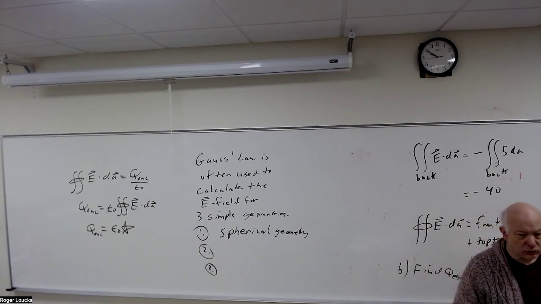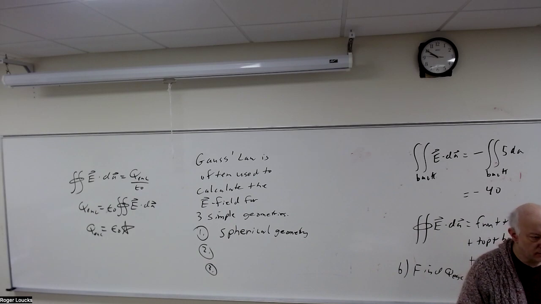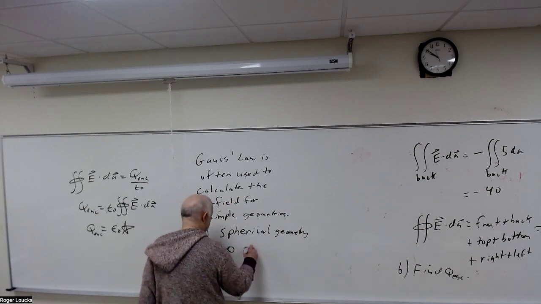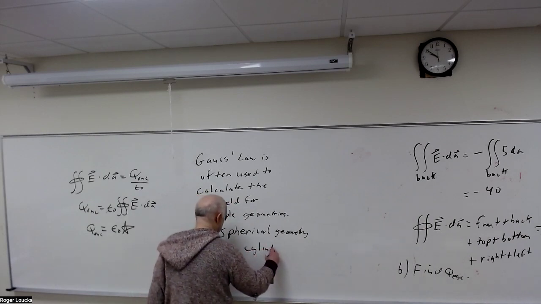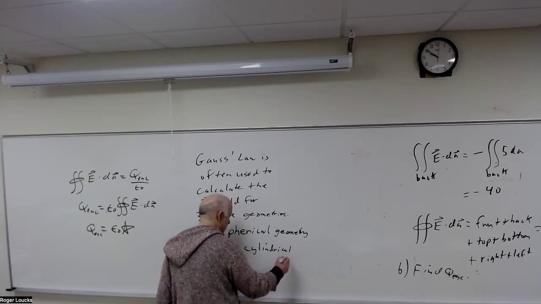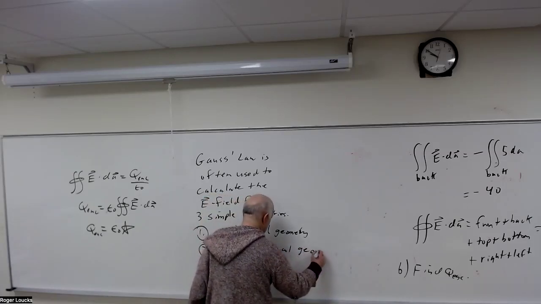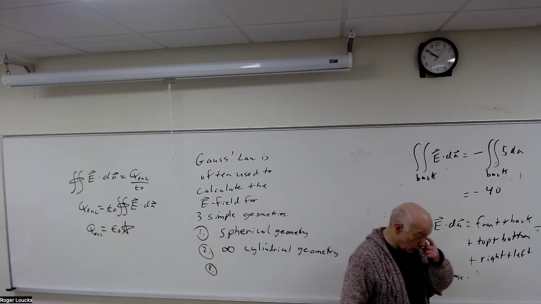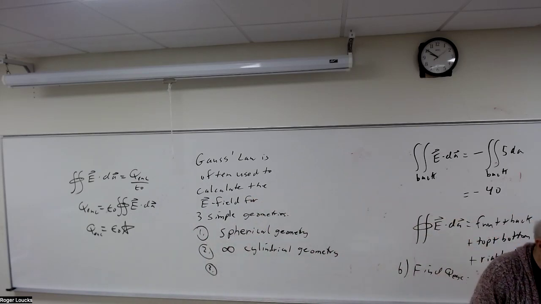If you have a sphere, you might have a cylinder now, and there's going to be a cylinder, but here's the trick. It has to be an infinite cylinder. So you're going to see an infinite cylindrical geometry. And the next one is not one bit obvious. It's going to be the infinite plane.